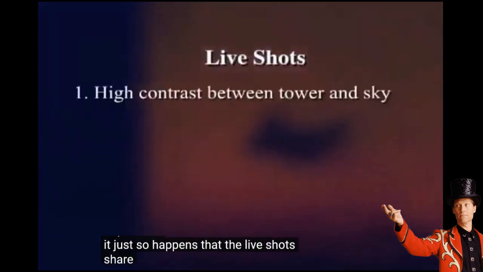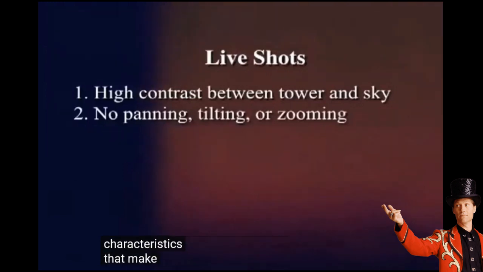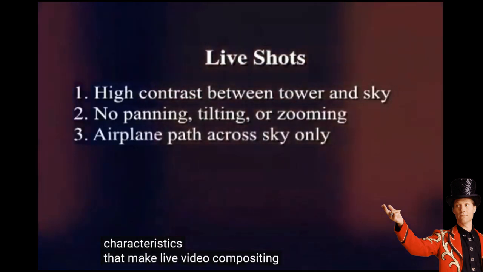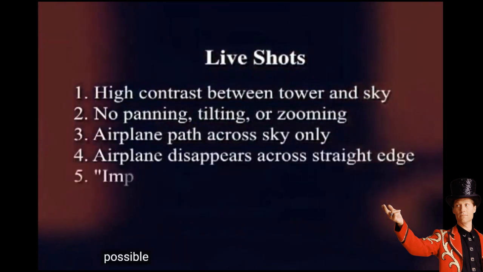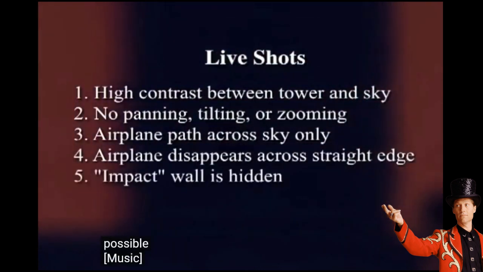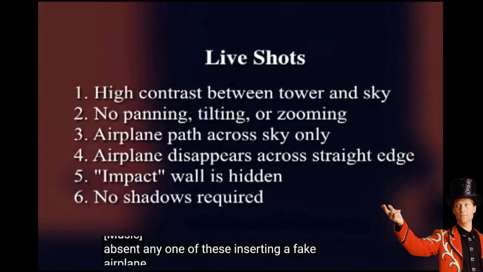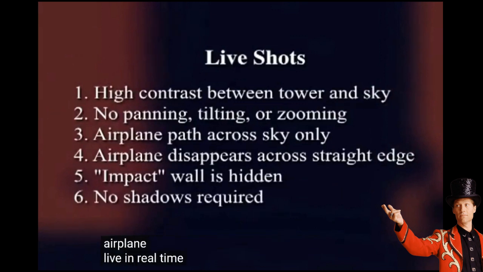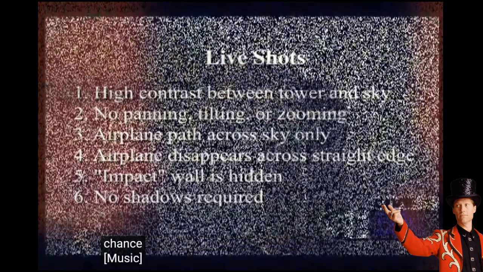It just so happens that the live shots share a remarkable list of compositional characteristics that make live video compositing possible. Absent any one of these, inserting a fake airplane live in real time becomes impossible. What are the odds that this occurred by chance?